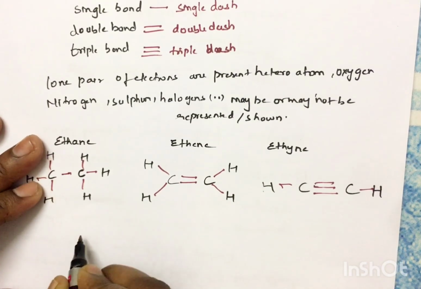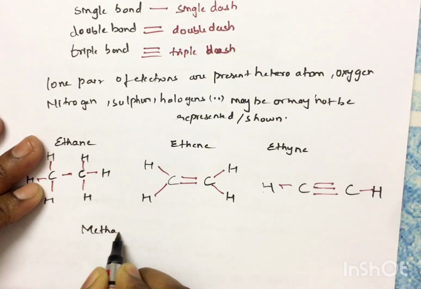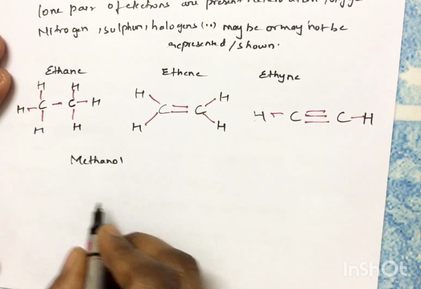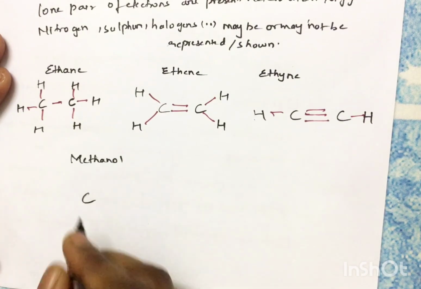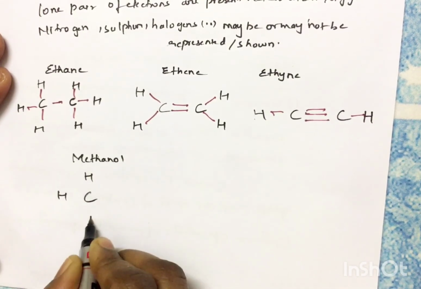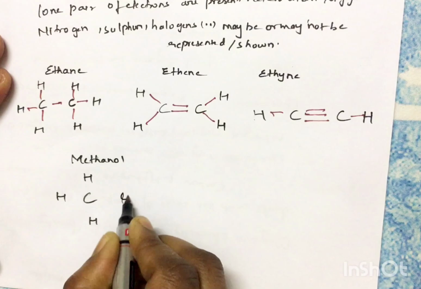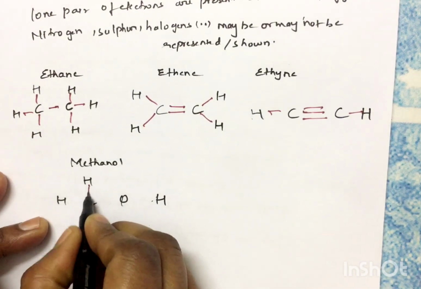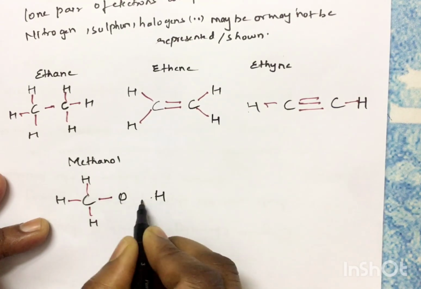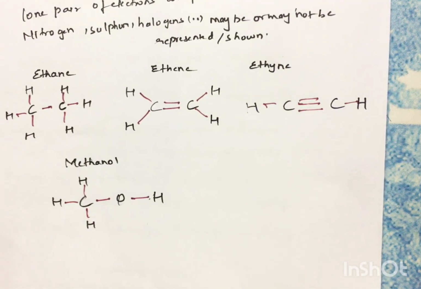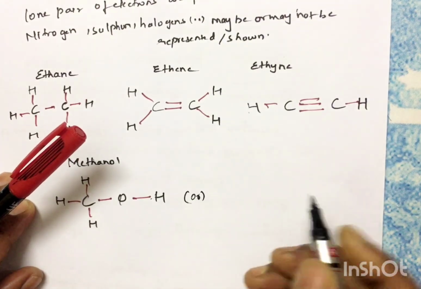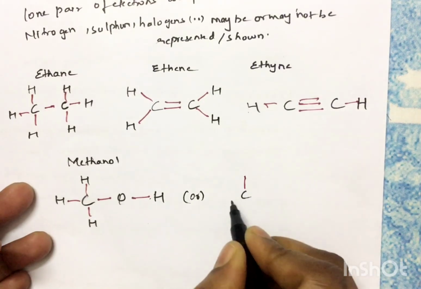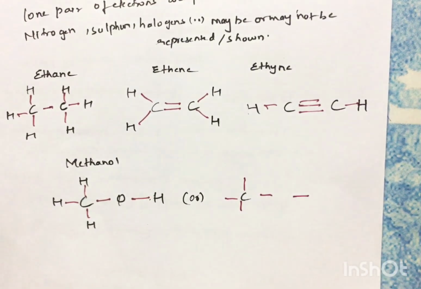If we take another example, methanol, what is the formula of methanol? CH3OH, and there is a bond present between oxygen and hydrogen. So it can be written as single bonds between all the 3 hydrogens and carbon, and carbon and oxygen, and oxygen and hydrogen. Or else there is another way of representing the lone pair of electrons which is present on the oxygen.